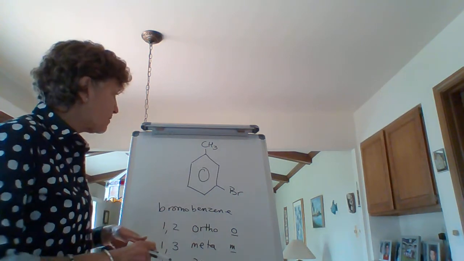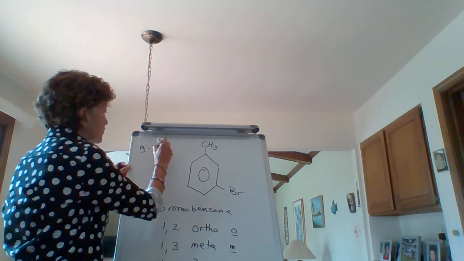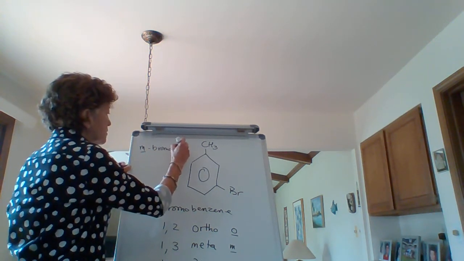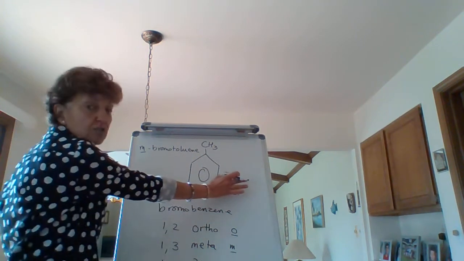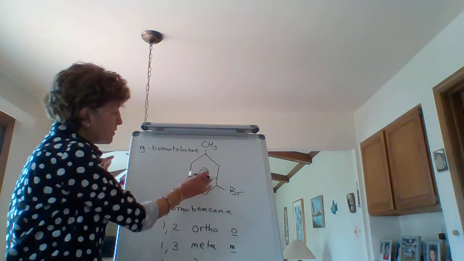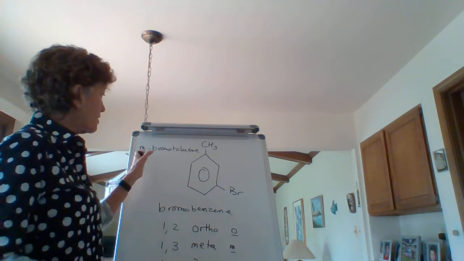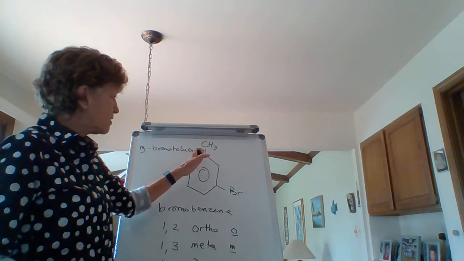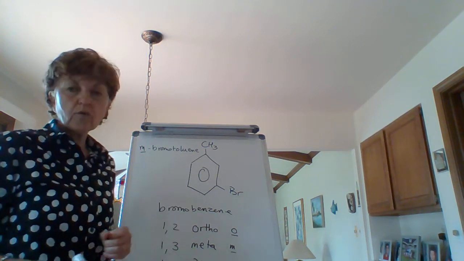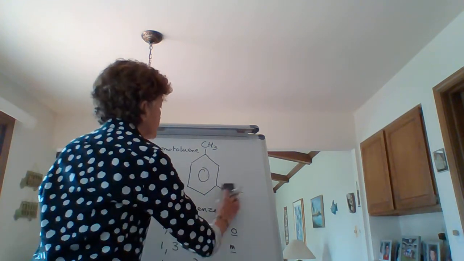So what you could say is meta-bromotoluene, because without this, it's just plain old toluene. But now that it's here, you don't have to tell everybody that it's on carbon 3. If you put meta, that immediately tells everyone that the methyl is on 1 and that the bromo is on 3.